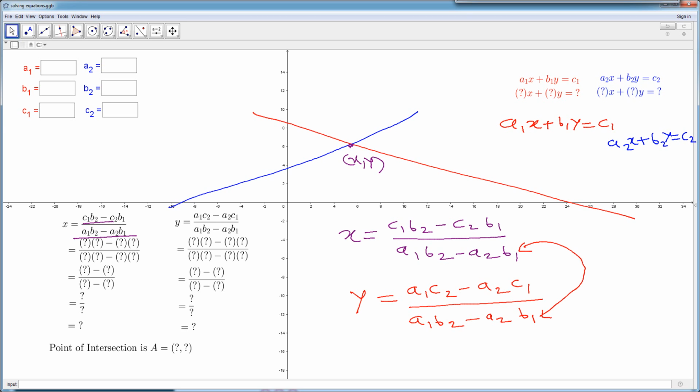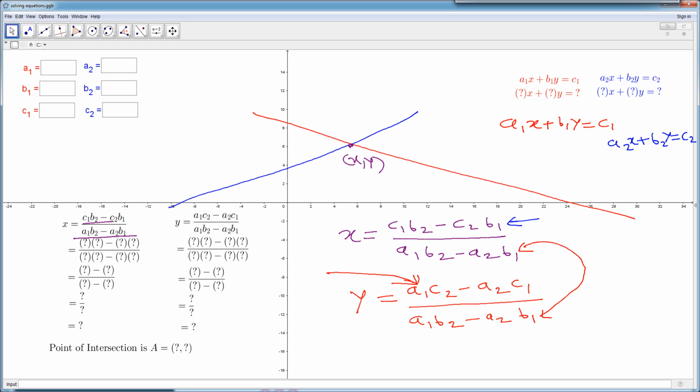Note that the denominator is the same, a1b2 minus a2b1, and the numerator for the x coordinate is given by c1b2 minus c2b1, and the numerator for the y coordinate is given by a1c2 minus a2c1.